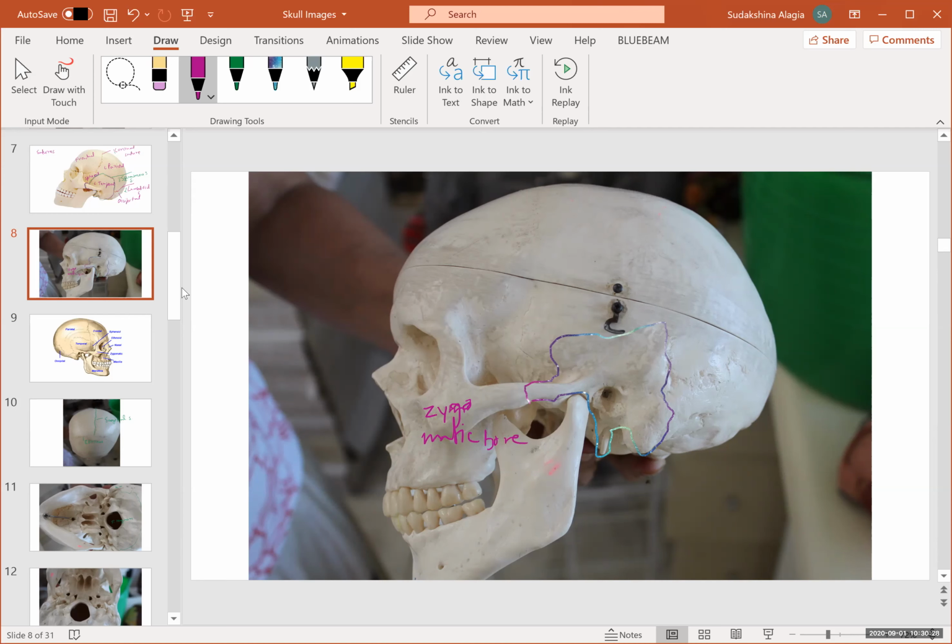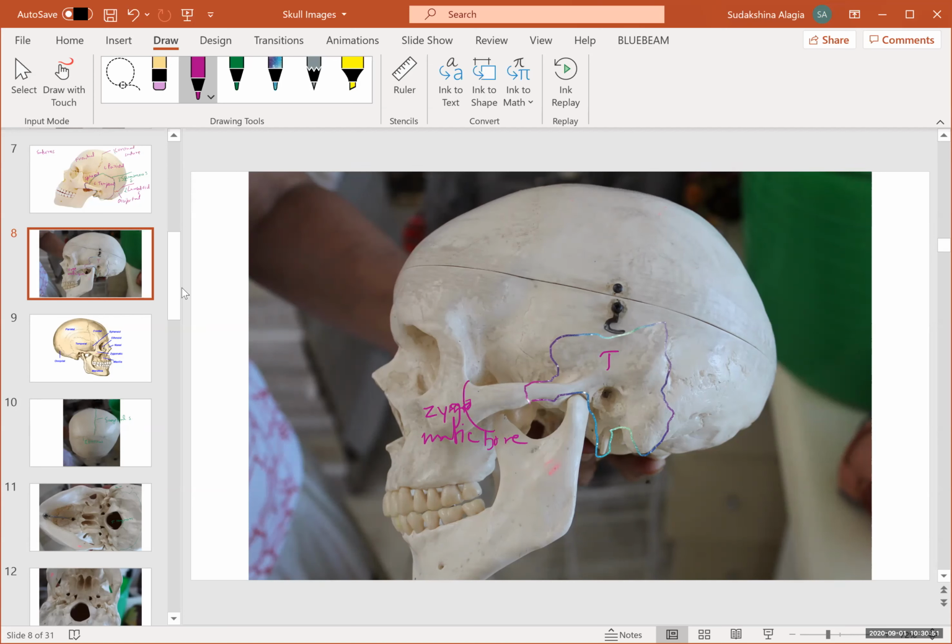So what do we name this process? Zygomatic process. Oftentimes the confusion is some students will see zygomatic process and say, oh, that's from the zygomatic bone. No, it's named not based on which bone it came from, but which bone it's going to meet up with. So this is temporal bone, that's zygomatic bone.